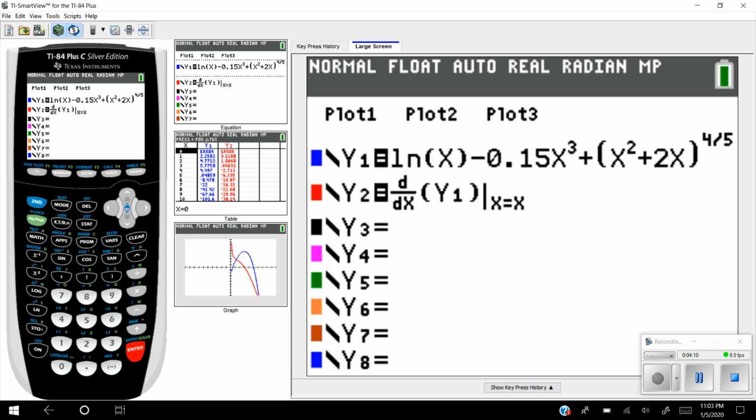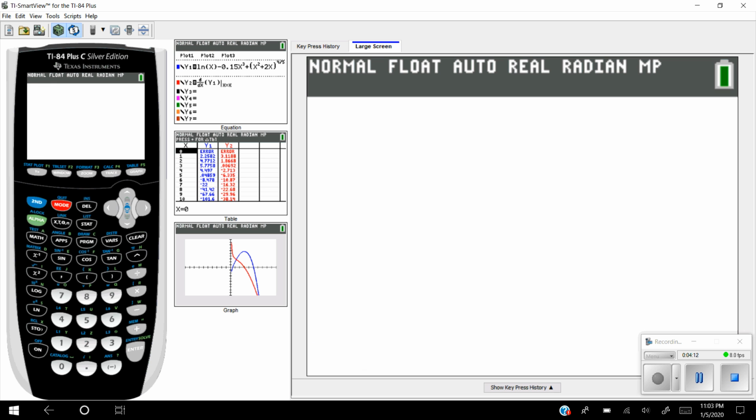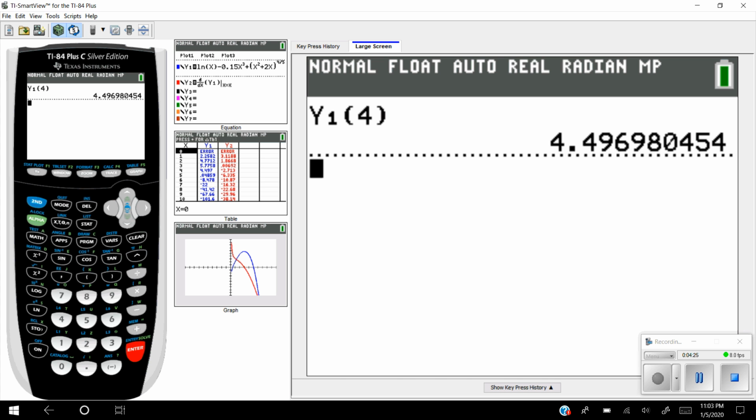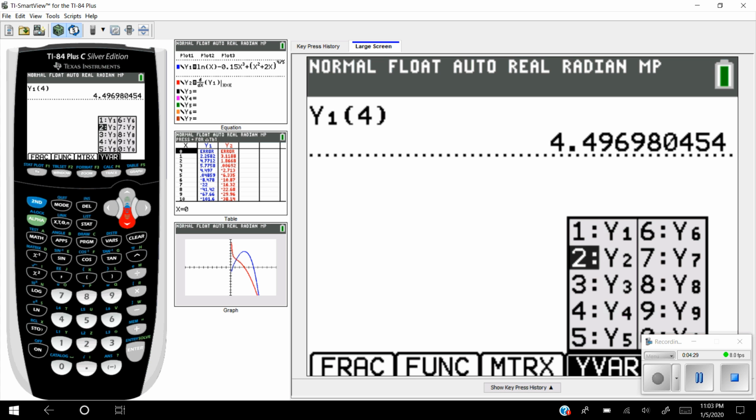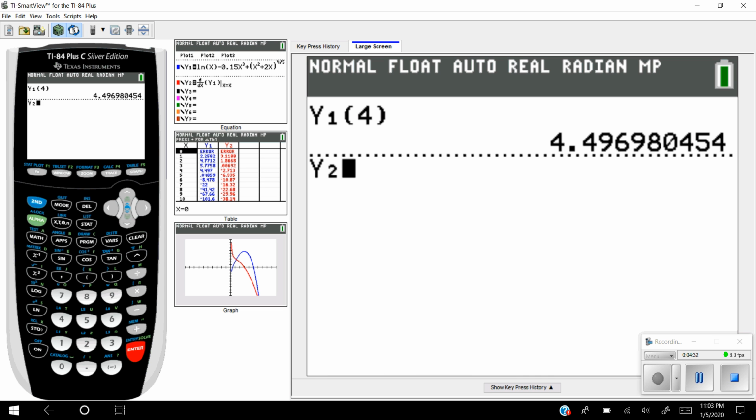So now that I have those both stored in there, what we want is the velocity and the acceleration at t equals 4. So I want y1 at 4, and I also want, now y2 is the derivative function, so the acceleration function at t equals 4.